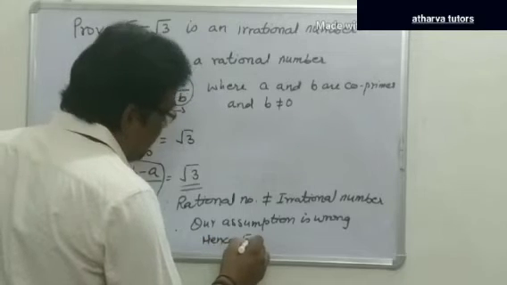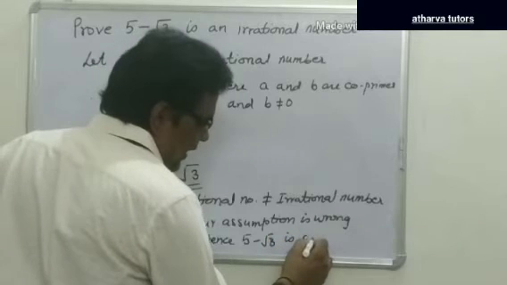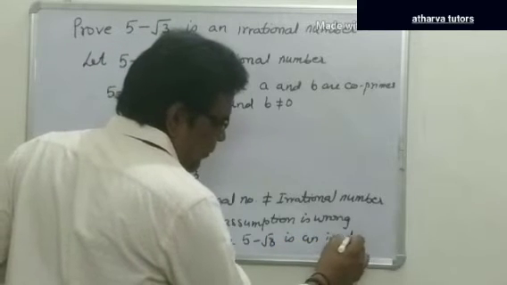Hence 5 minus root 3 is an irrational number.